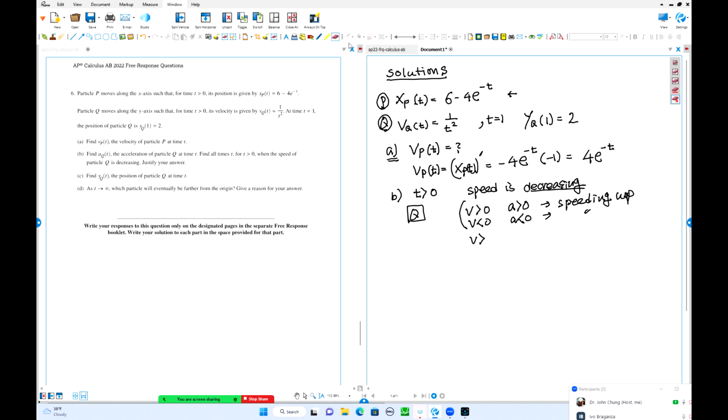I'm going to use a different way, so we don't have to write two equations: just velocity times acceleration is negative. One is positive and the other negative, or this is negative and the other positive, opposite signs. Now the speed is slowing down, so we're going to find the interval of time.